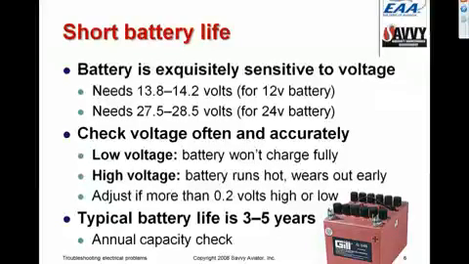Both Gill and Concord, the two manufacturers of certified aircraft batteries, recommend doing an annual capacity check of the battery, which consists of charging the battery fully and then discharging it with a specified load, and seeing how long it takes to discharge.